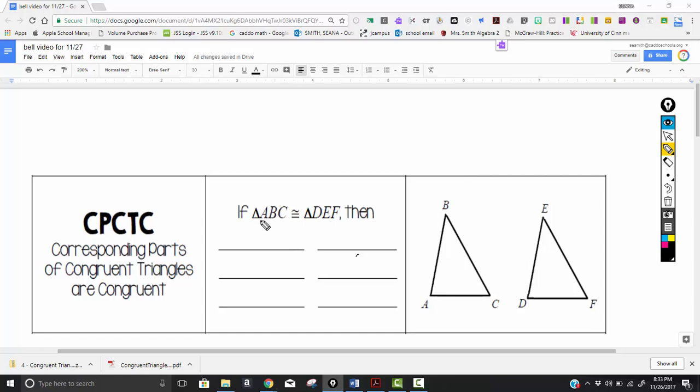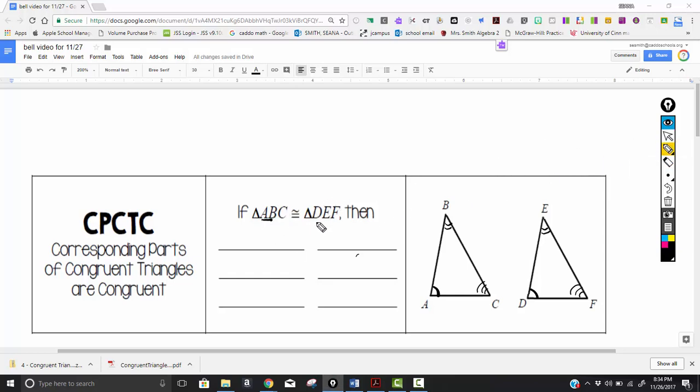For example, angle A corresponds to angle D. So A to D. Angle B corresponds to angle E. Remember, it's all about where they're located. And that, of course, leaves angle C corresponding to angle F. Now to do the sides, remember it takes two letters to produce a side for us out of this statement.